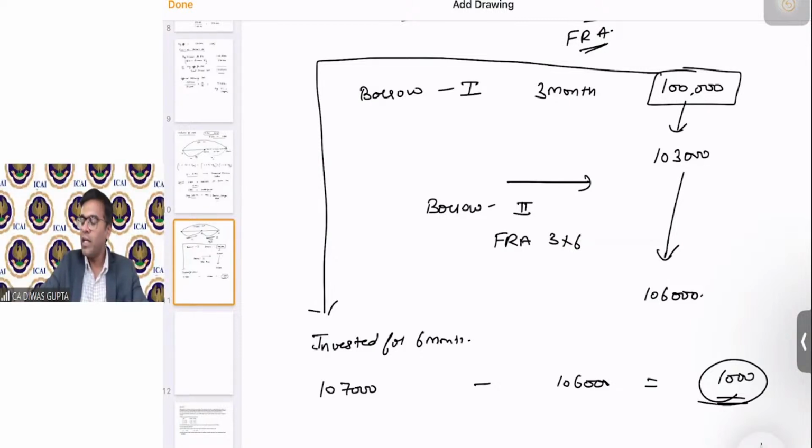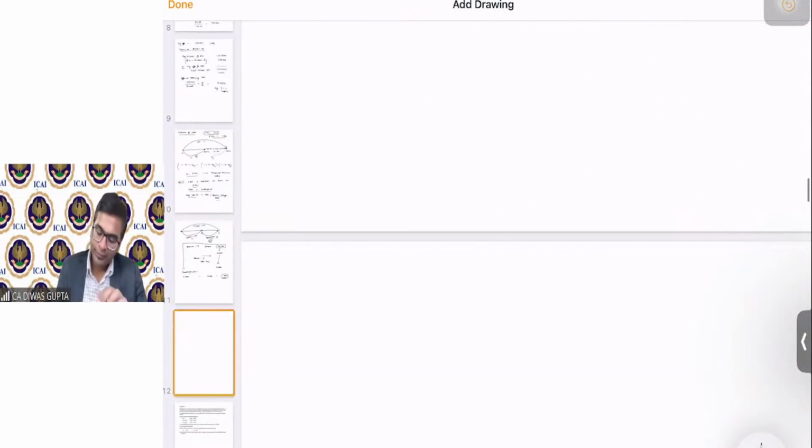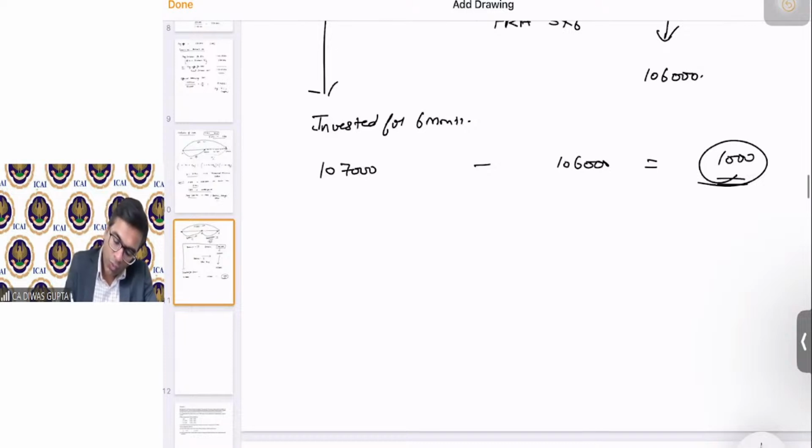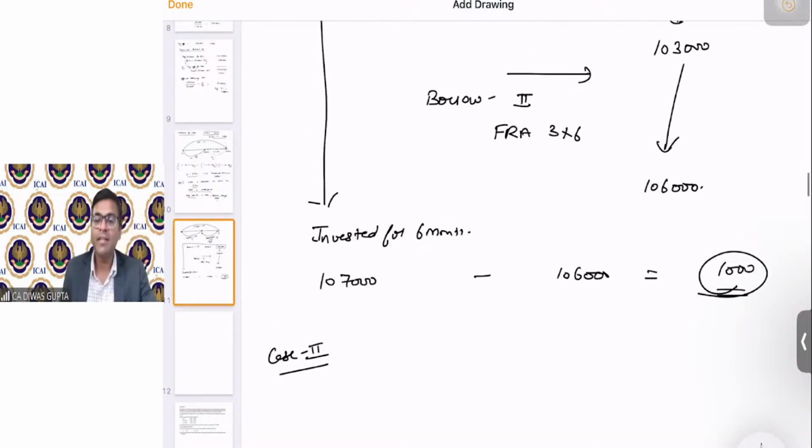Okay, now let's quickly cover case 2 as well. So what is case 2? This 1 lakh 7,000 and 1 lakh 6,000, students, I have assumed as hypothetical numbers, right? We can put the actual numbers also in my previous example and arrive at the fact that there will be a gain only.